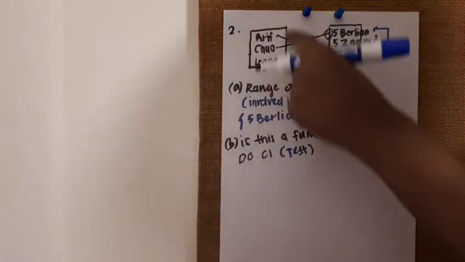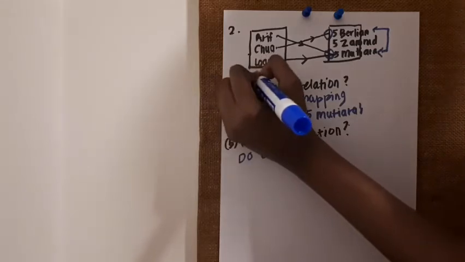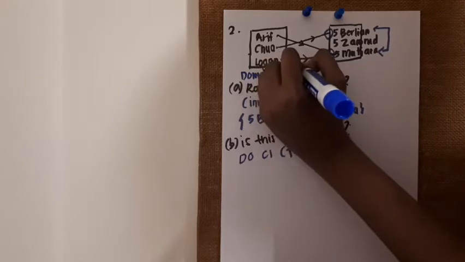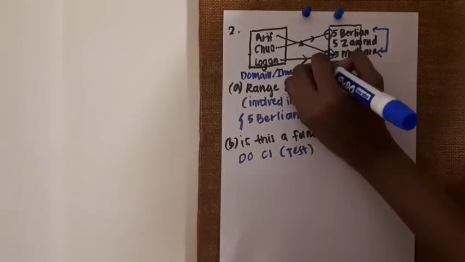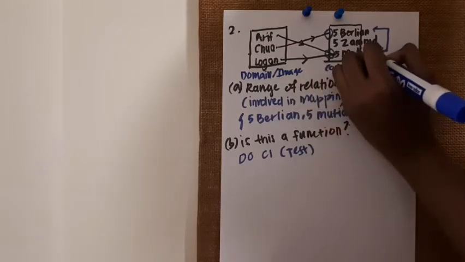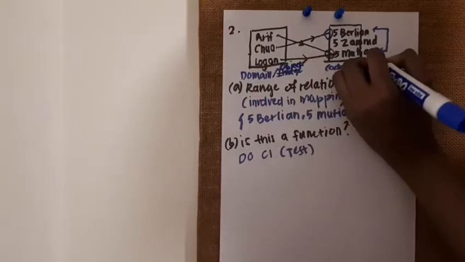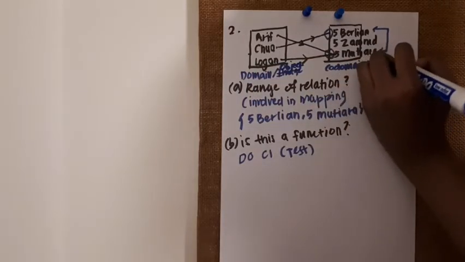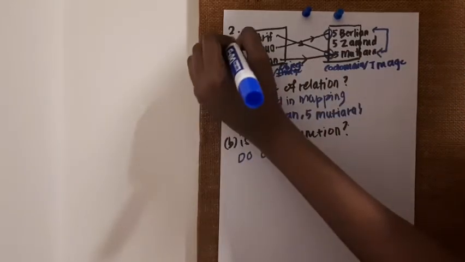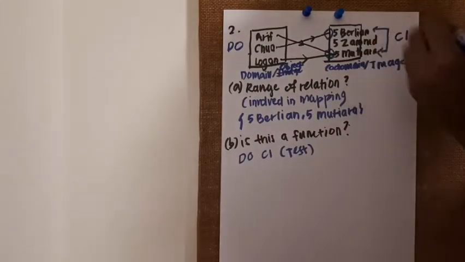DOSI means that the left hand side is the domain, also known as the object, and the right hand side is the codomain, also known as the image.